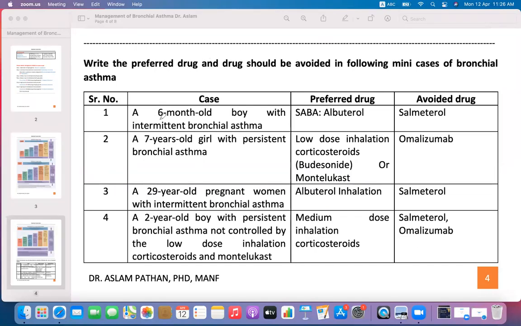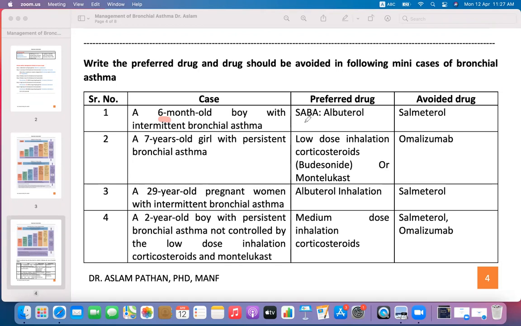A 6-month-old boy with intermittent bronchial asthma. Now here you need to consider the age group, 6 months, with intermittent bronchial asthma.